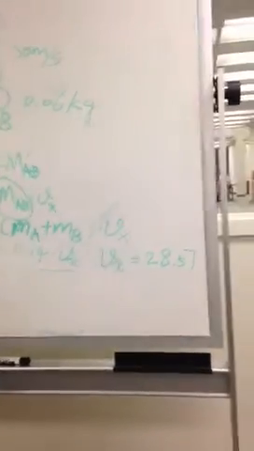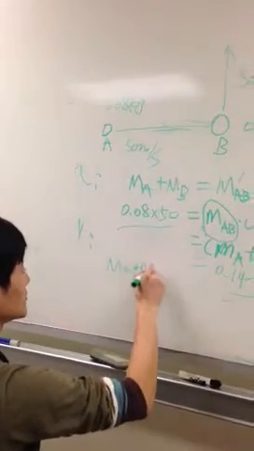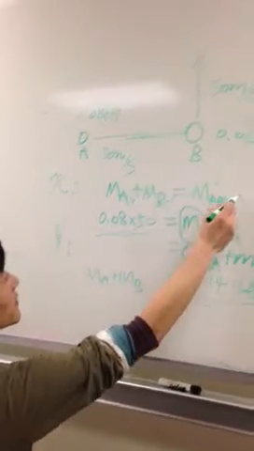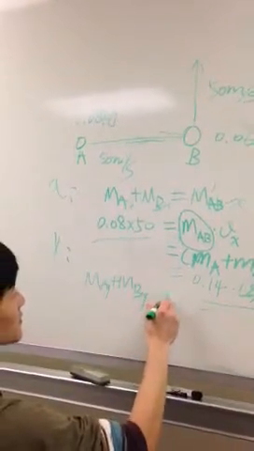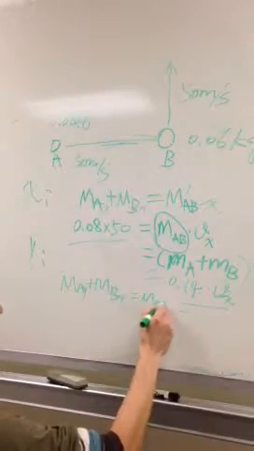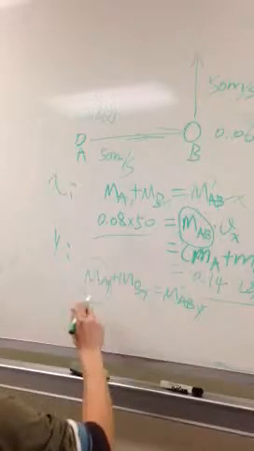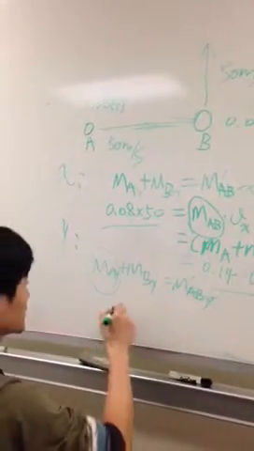And along y, the same thing. Here is x. Okay? Along y is the same thing. Initially, A has no speed along y, so it's 0.